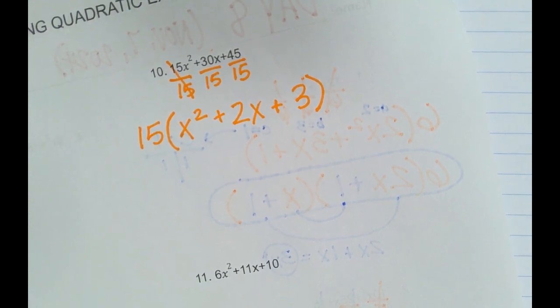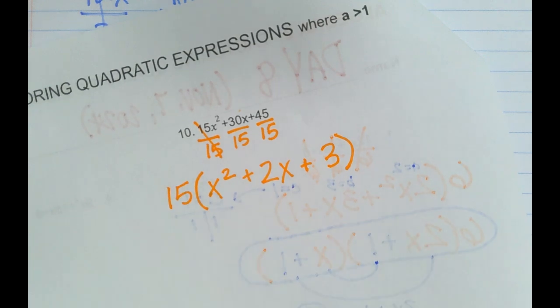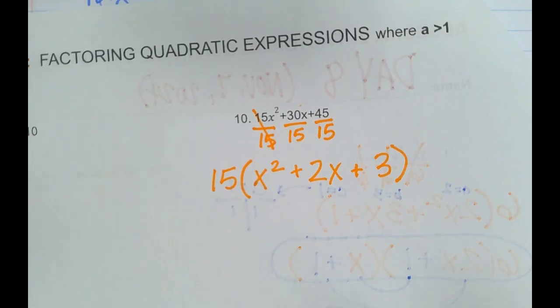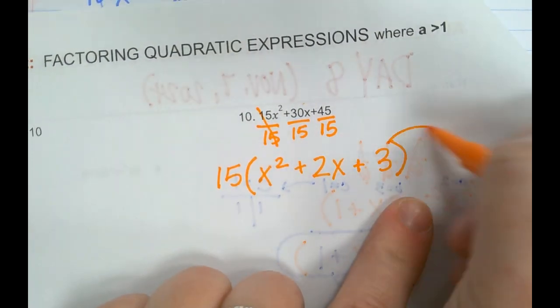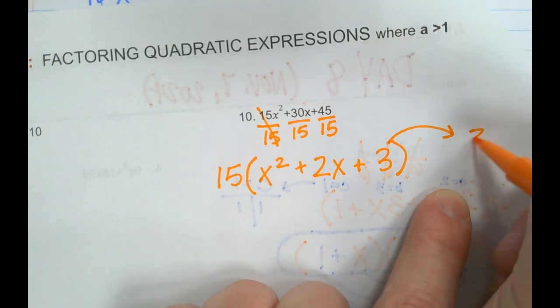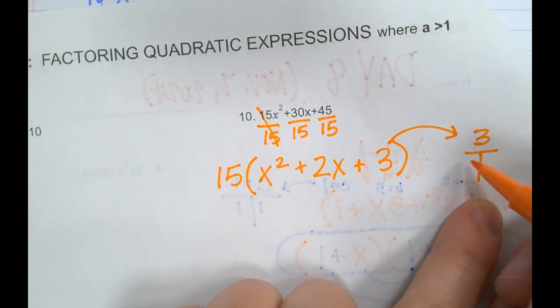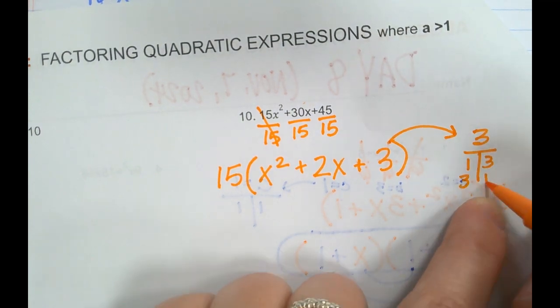Can you break down number 13 though? Okay, real quick, number 10. The way that this question is written so far, I think you're right. I don't think we're going to be able to solve it because the factors of 3 are 1 and 3 or 3 and 1.